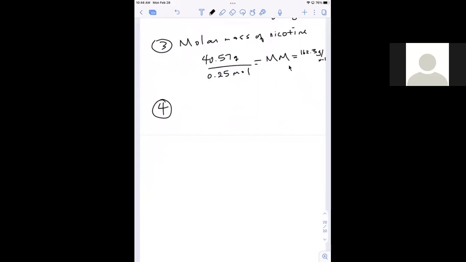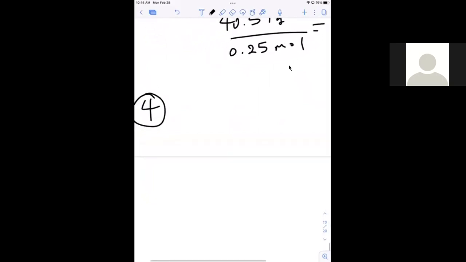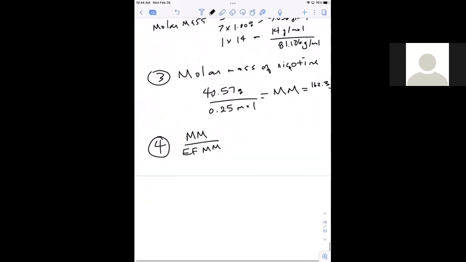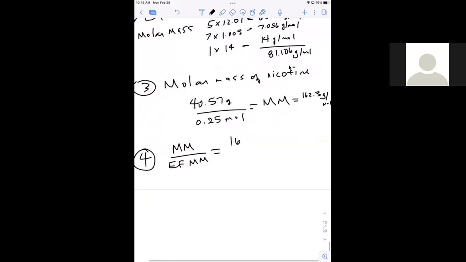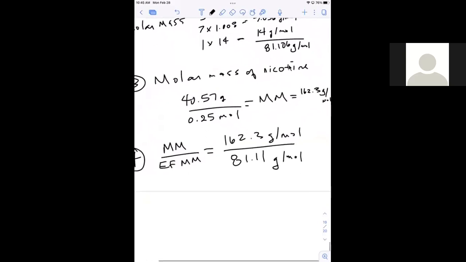We're going to take the molar mass divided by the empirical formula molar mass, which we already calculated. So the molar mass of nicotine was 162.3 grams per mole, and we're going to divide that by 81.11 grams per mole.